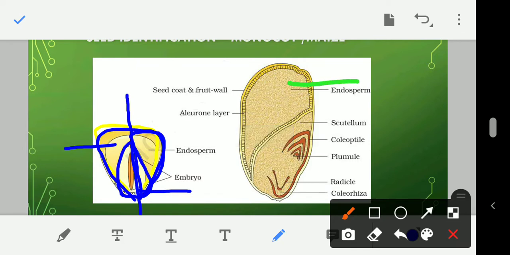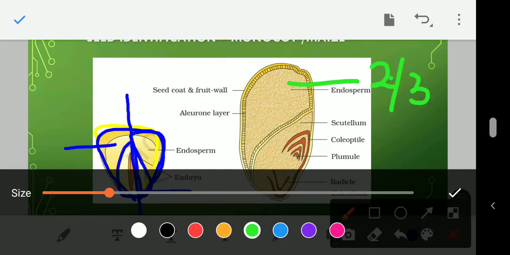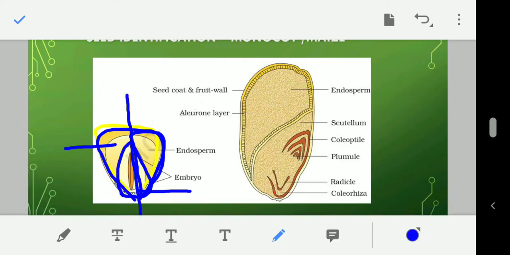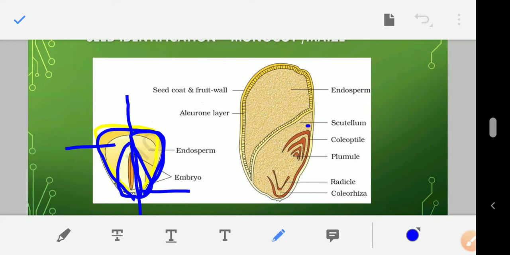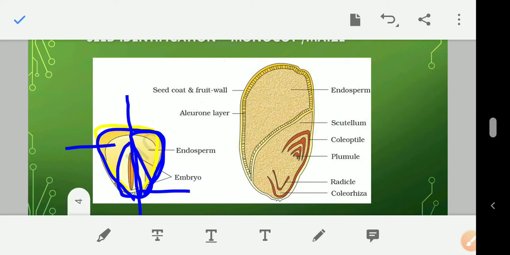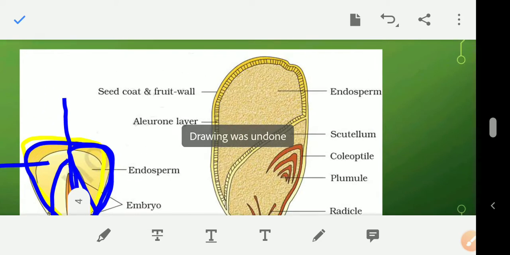The upper region, that is the 2/3 region, is known as endosperm, and the one third region is known as embryo. So the entire seed is divided into two parts. Two-third part is endosperm and one-third part is embryo.